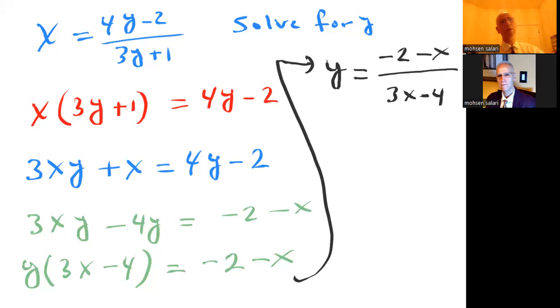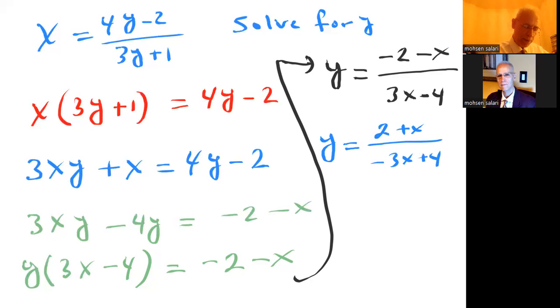So what I'm going to do is multiply top and bottom of this fraction on the right-hand side by negative 1, so that I will get y equals 2 plus x over minus 3x plus 4, which is the same as saying y equals x plus 2 over 4 minus 3x.